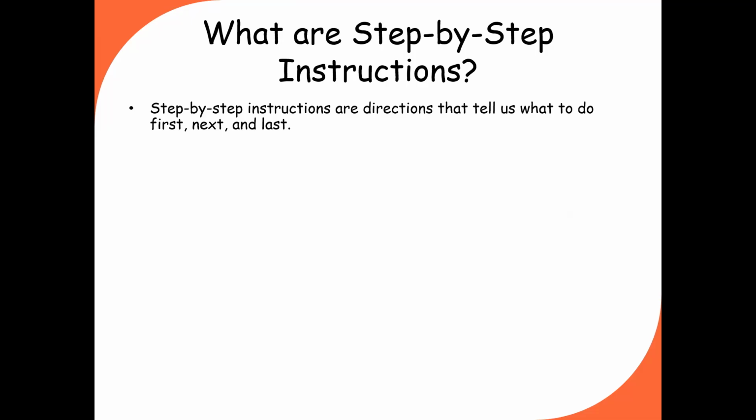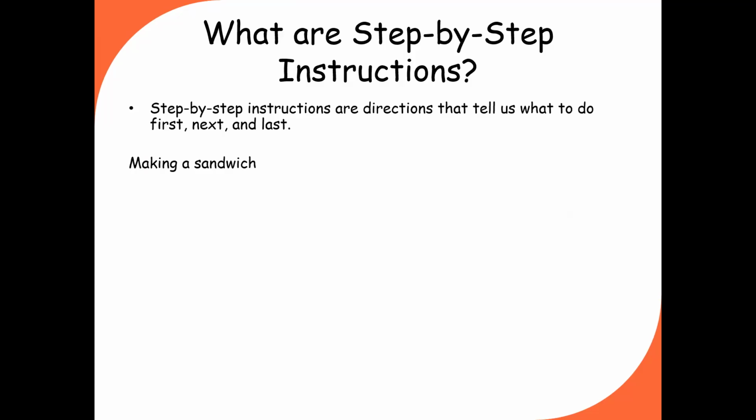To have a good code, the order must be followed. In Scratch, our blocks must be in order. So we call these step-by-step instructions. They are what? Directions that tell us what to do first, next, and last. So first, next, last are the orders.